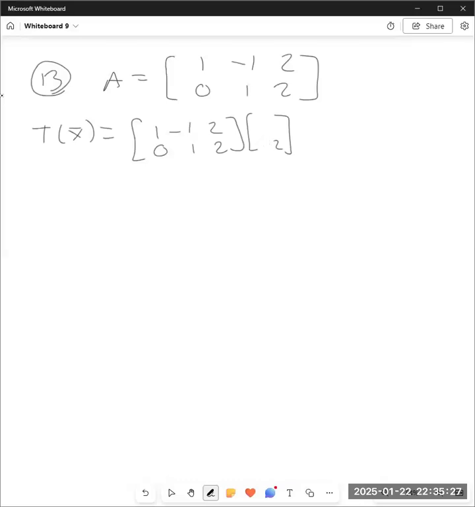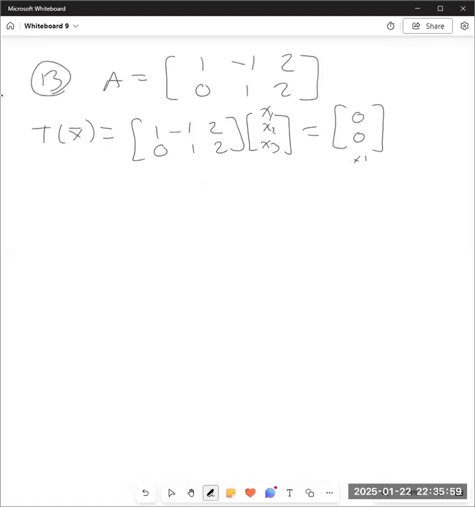A is 2 by 3, so x needs to be 3 by 1 to be able to multiply it, and that needs to be equal to a 2 by 1. So a 2 by 3 times a 3 by 1 is going to give me a 2 by 1.